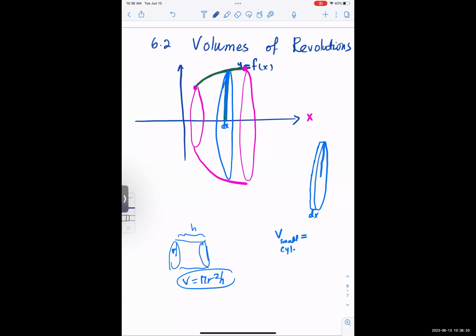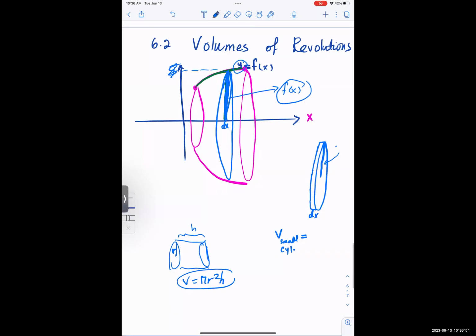Okay, now let's expand the idea here. What is this radius? So in this case, in the question that I created here, do you agree this height, which is the radius right there, is equivalent to y, that is f of x? So for example, if this is 4, then the radius is 4. If this is 5, the radius is 5. So it's corresponding to the y value, which is the same thing as f of x.